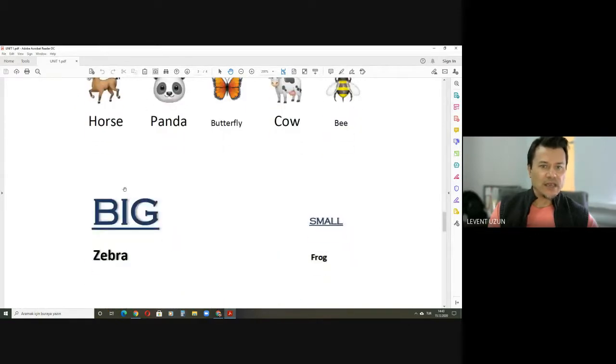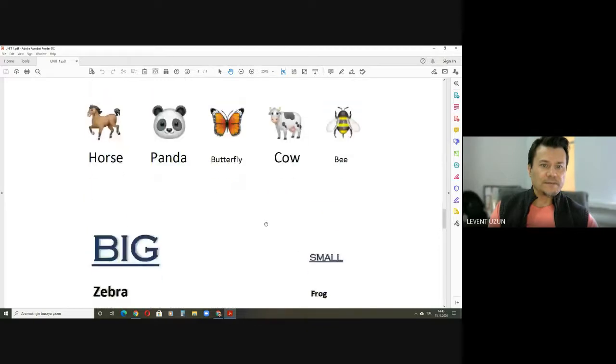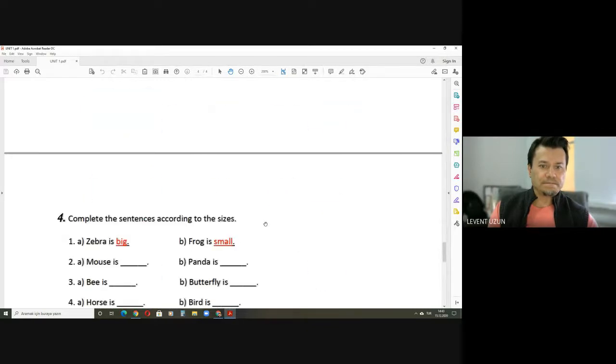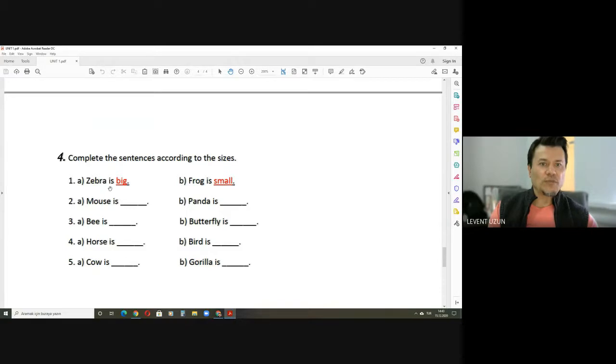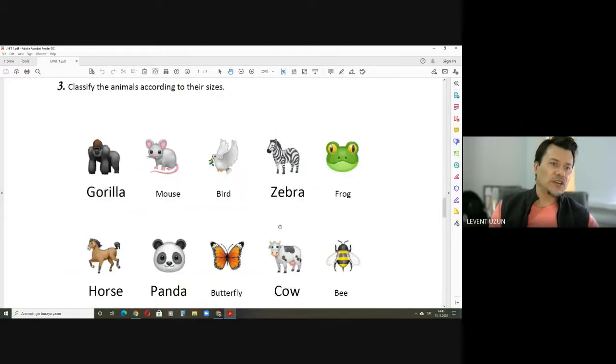Classify the animals according to their sizes. Sizes: big zebra, small frog. Okay, so zebra is big, frog is small. You teach big and small, good. So this is another teaching part, which is good, which is clear.